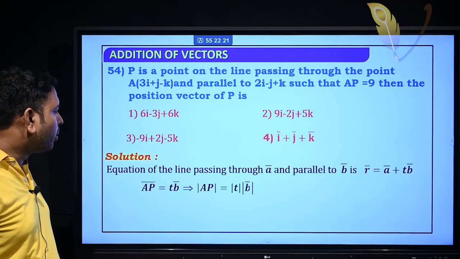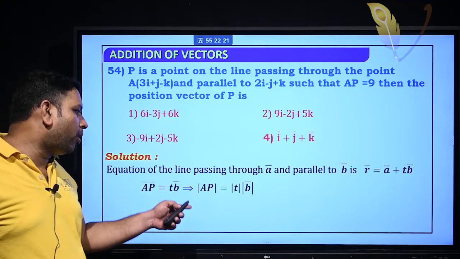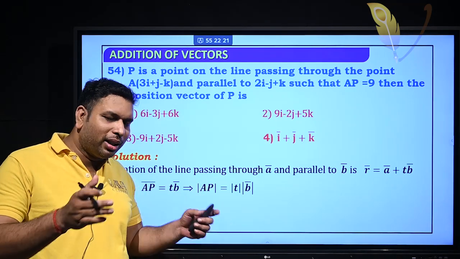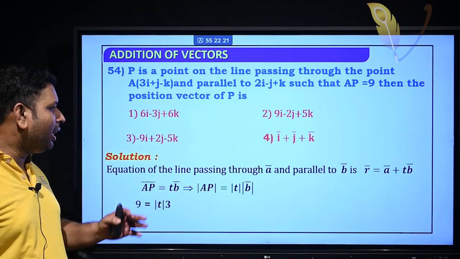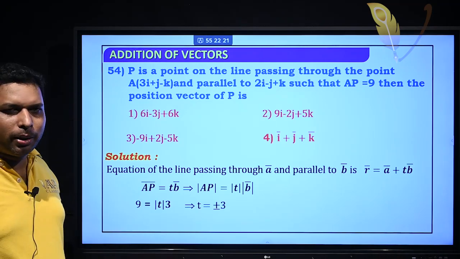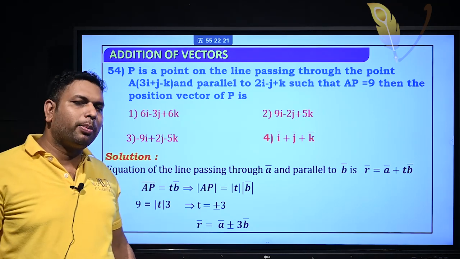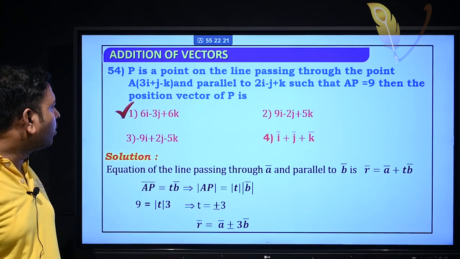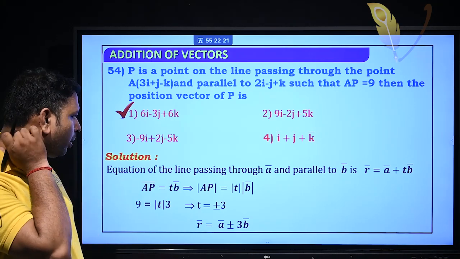Okay. So AP vector = tB vector, that implies |AP| = |t| |B|. So 9 = |t| times 3. So by simplification t is plus or minus 3. Okay. So r is A vector plus or minus 3B vector. So first option is the right option, students.